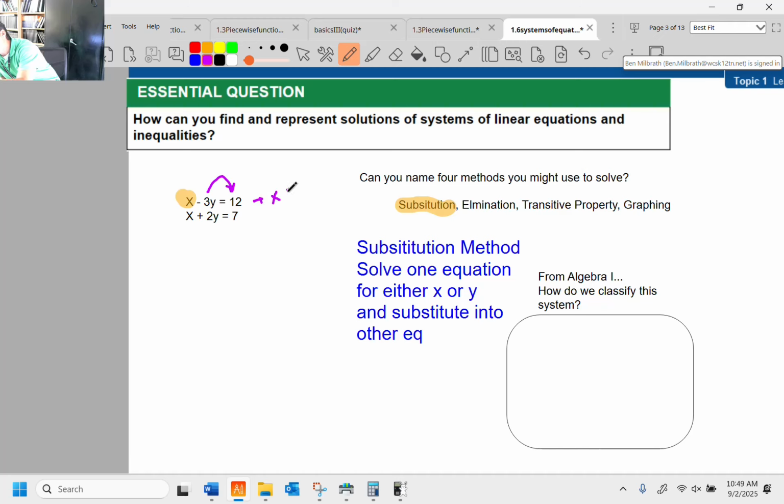And it tells me that x is 3y plus 12. Now that I know what x is, I'm going to take that quantity and I'm going to put it right there. So 3y, that's called substitution, plus 12, plus what I already have, 2y, must be 7.